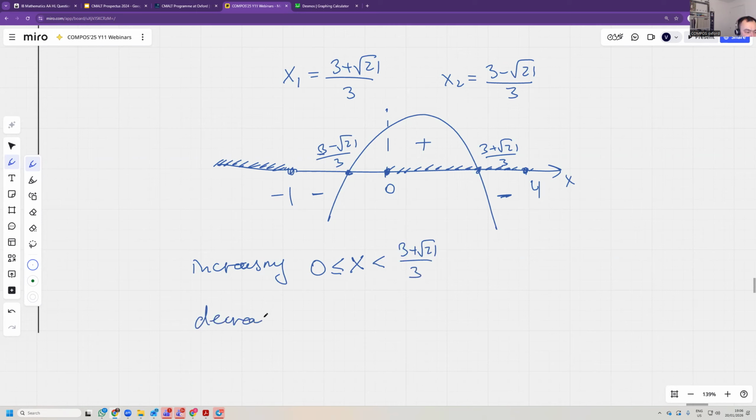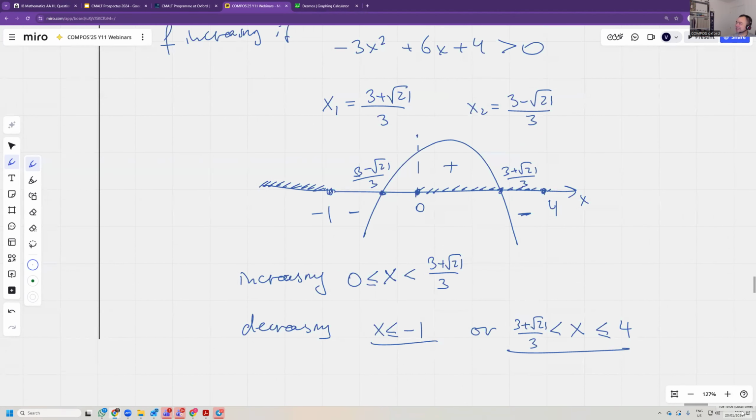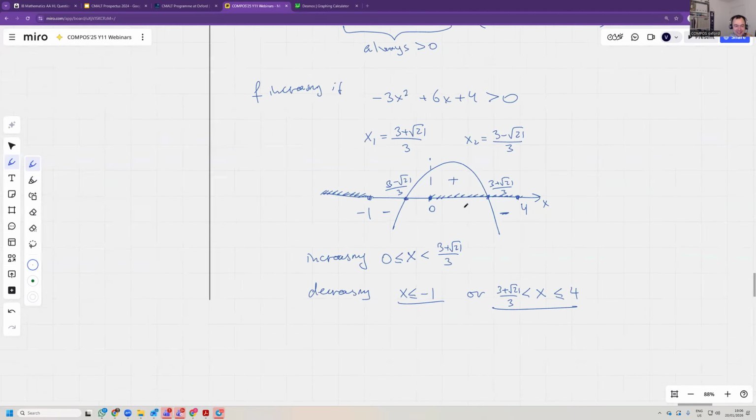Decreasing when x is less than -1, or x is from 3 plus root 21 over 3 to 4. Nice. Okay, so increasing when the derivative is positive, and decreasing when the derivative is negative.